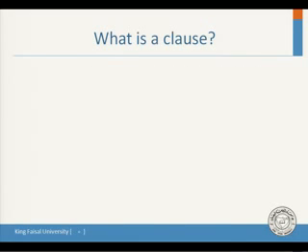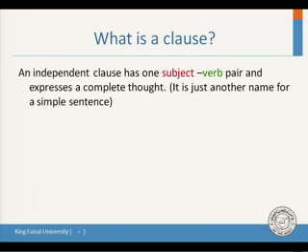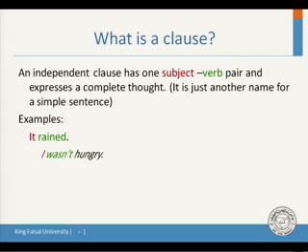Okay. Now, again, what is a clause? A clause is a simple sentence. I want you to know that a clause or an independent clause is another name for a simple sentence. And we know what a simple sentence is from lectures 10 and 11. Examples, it rained. Another example, I wasn't hungry.